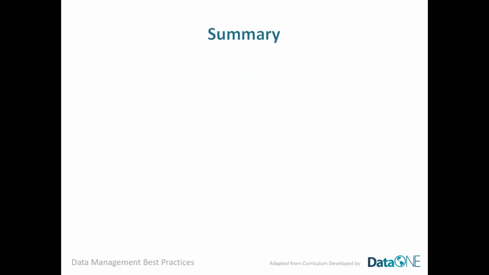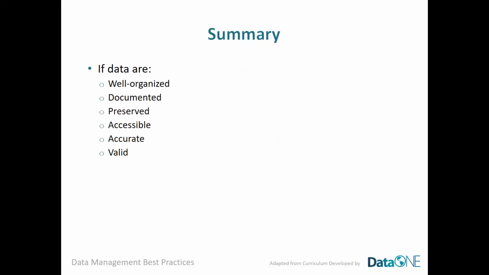So in summary, the goals of effective data management are to get data that are well organized, both within the files themselves and in the groups of files. Also, that they're documented adequately with metadata, preserved for future reuse, accessible by others for that reuse, and that they are accurate and valid for the purposes that they serve.